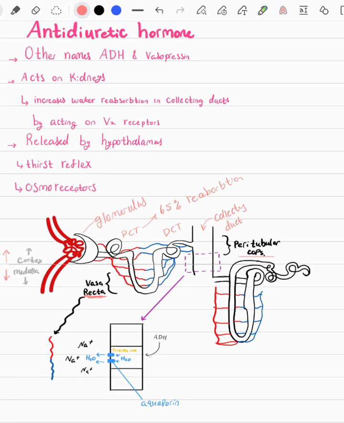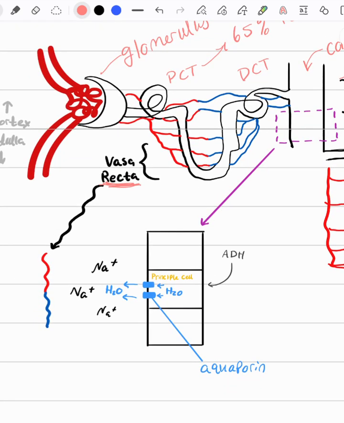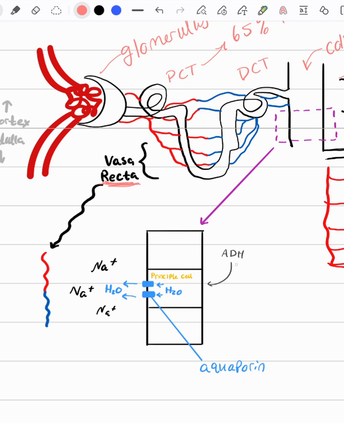And how antidiuretic hormone works is it acts on the collecting duct. And so here I've kind of zoomed in on a part of this collecting duct. So antidiuretic hormone comes here and it acts on these principal cells in the collecting ducts, and it opens up aquaporins, which are just water channels.